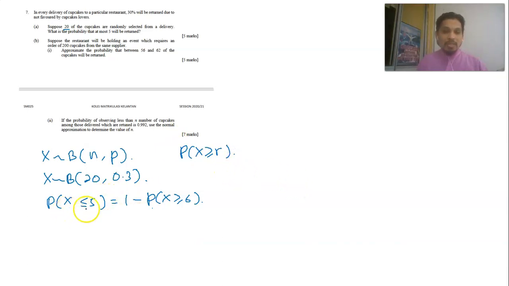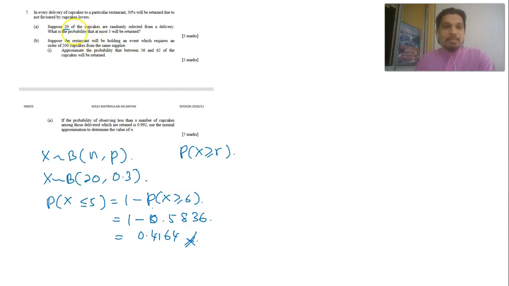So we wanted X less than or equal to 5, which is equal to 1 minus the probability of X greater than or equal to 6. So this one here, 1 minus 0.586, which is equal to 0.4164.